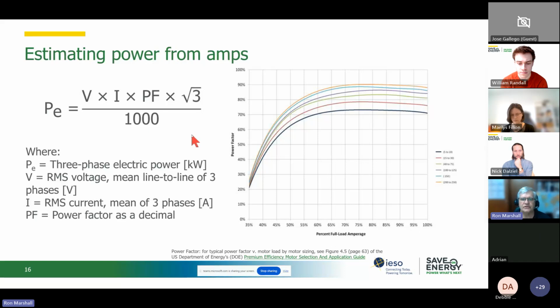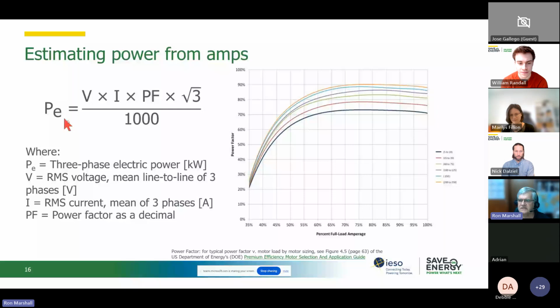I like to at least have my clients, or when I'm doing a study, measure the amps of the air compressors in a system. And we can use this equation: volts times amps times power factor times the square root of 3 divided by 1,000.